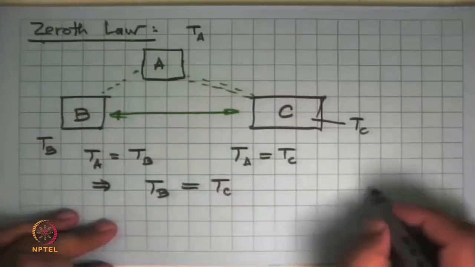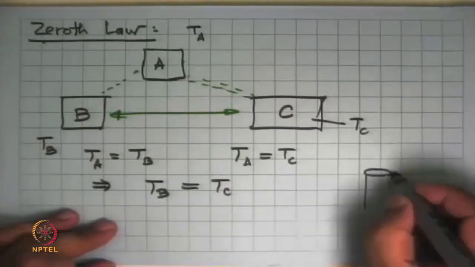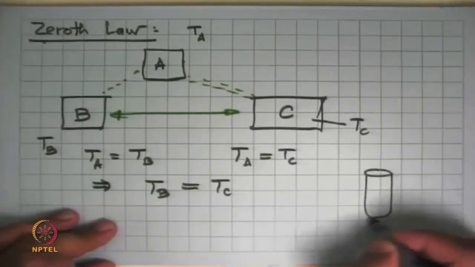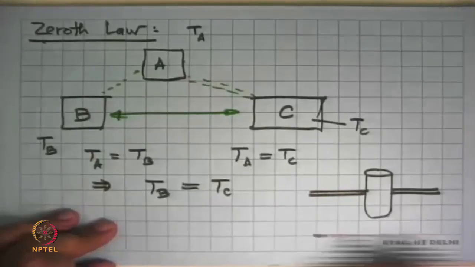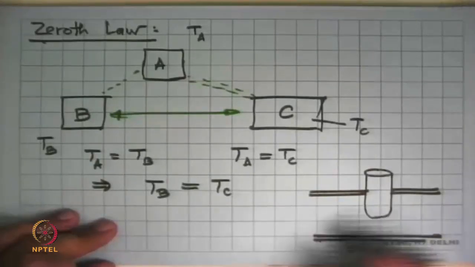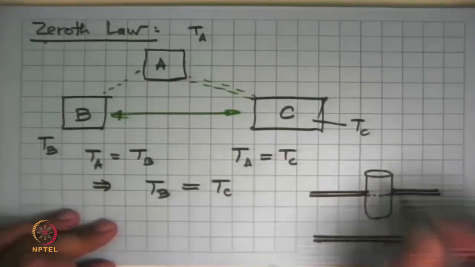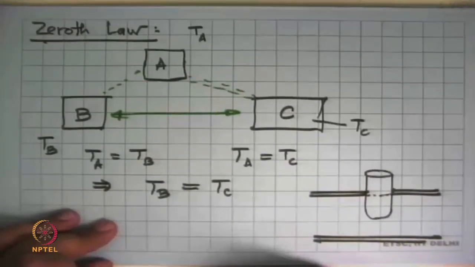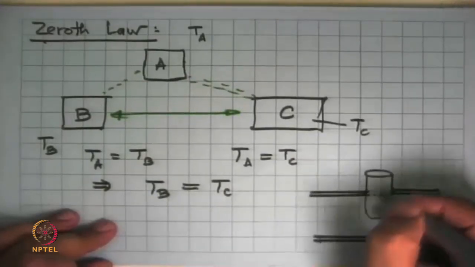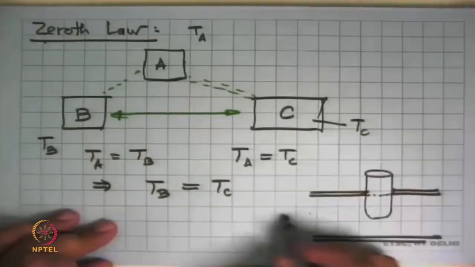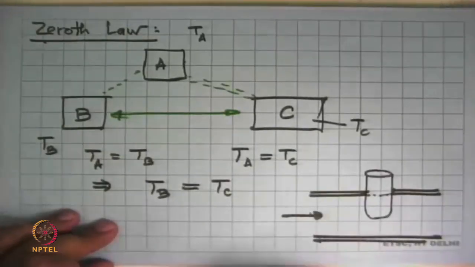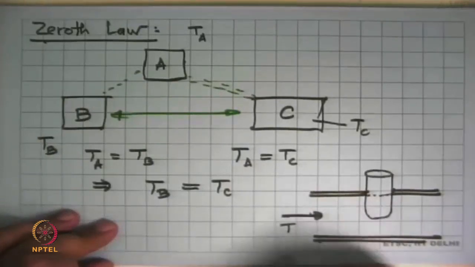So what one does is to drill a hole and weld a pipe which is closed at one end in the wall of the tube, and this is all welded around. So this is a tube welded into this pipe into which the substance is flowing. Its temperature is, say, T, and we want to measure it.